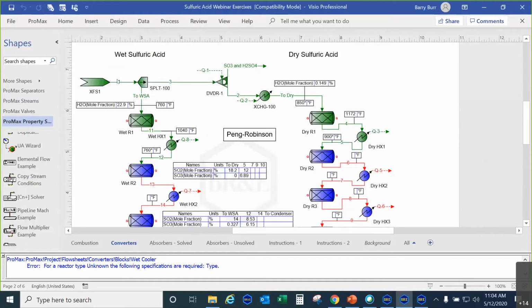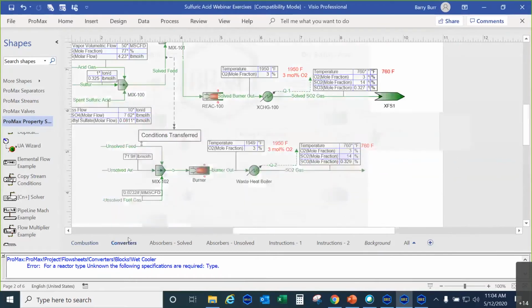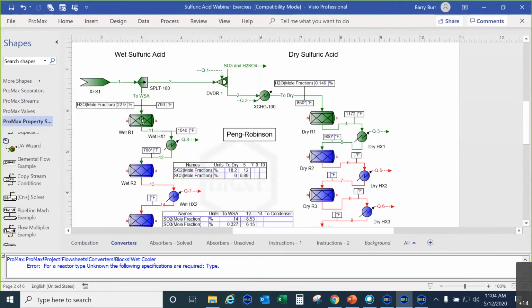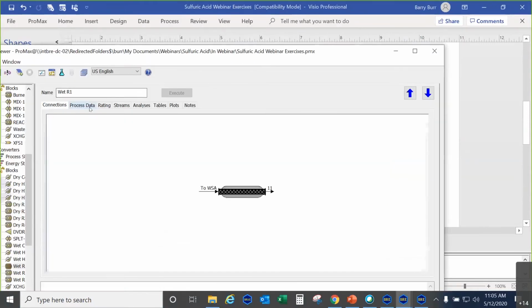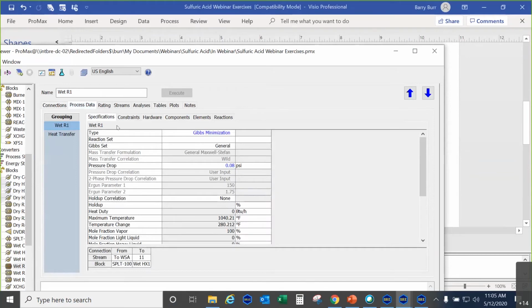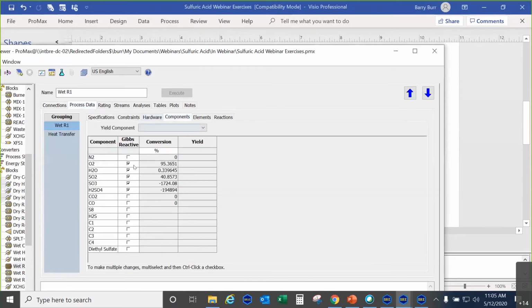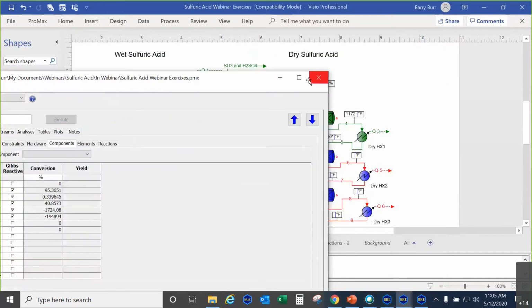It just goes straight from that previous waste heat boiler straight into the converters and does the simultaneous SO2 oxidation and SO3 hydrolysis. So you can see in this block, Gibbs minimization is chosen. The components are oxygen, water, SO2, SO3, and H2SO4. So both reactions are being considered in the wet process.